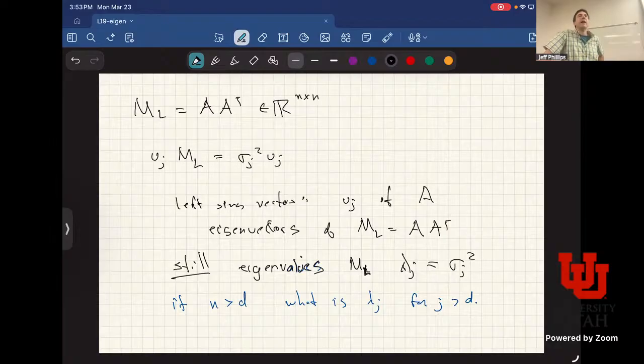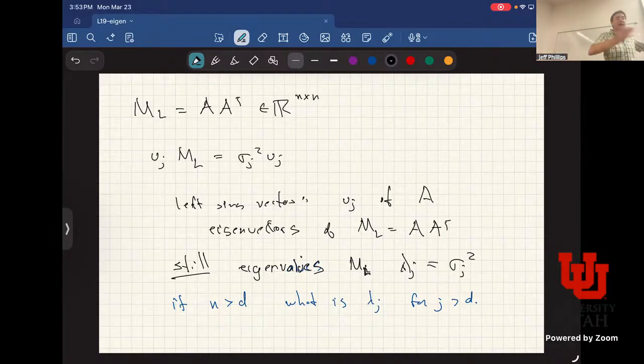Okay, what if A was only rank 8, right? But I'm in D dimensions. What's the 10th eigenvalue of a rank 8 matrix? Or the 10th singular value of a rank 8 matrix? So it's 0, right?